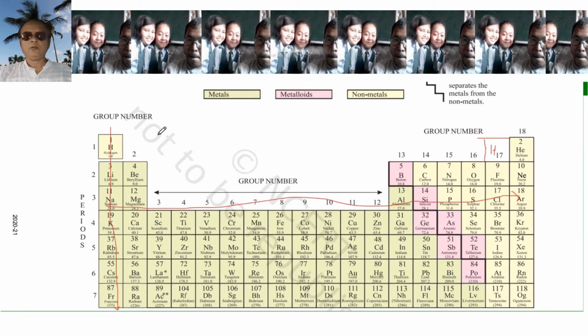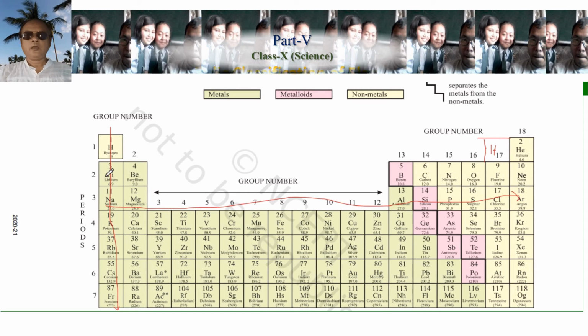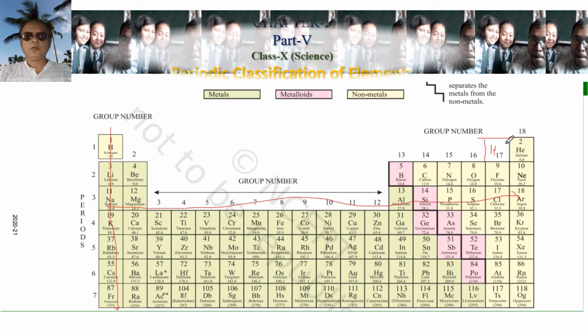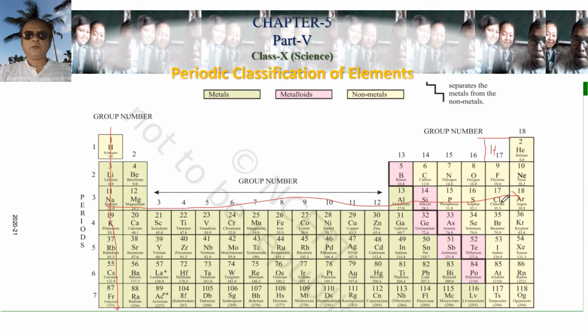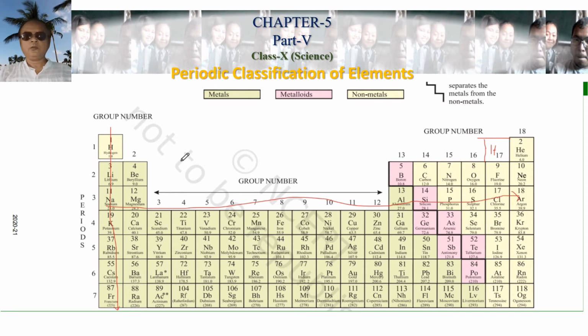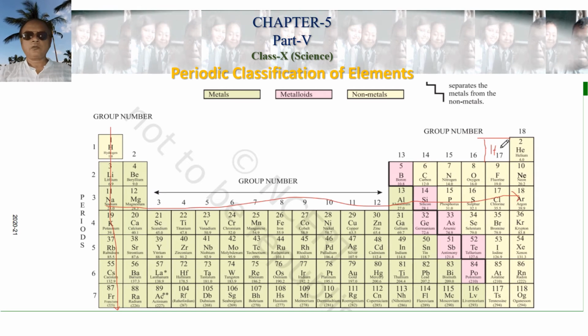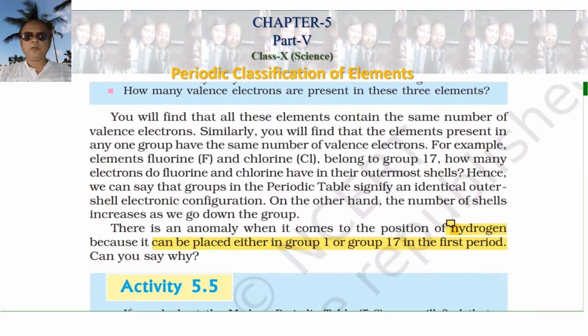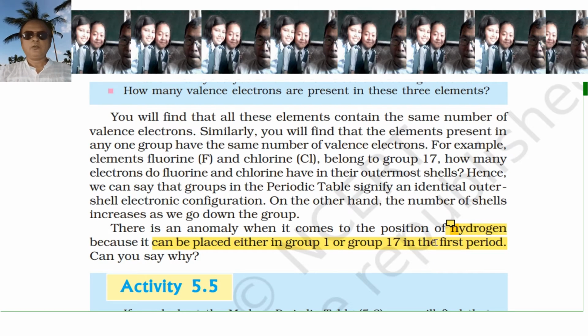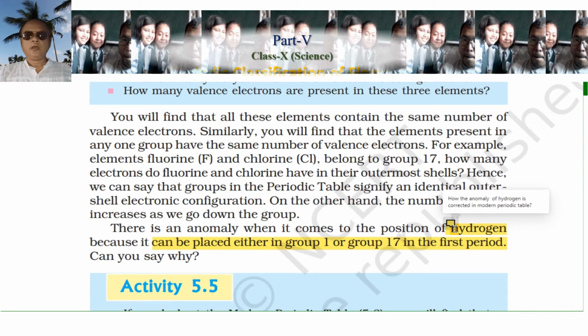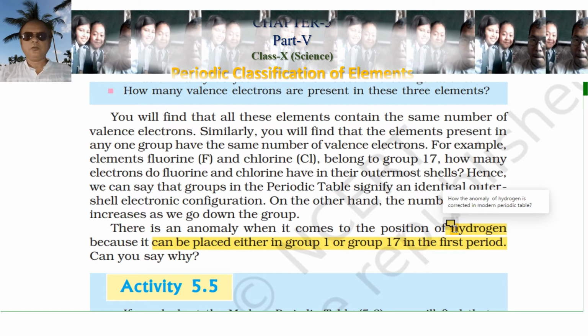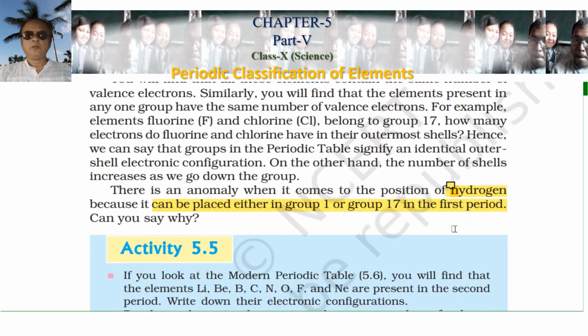Hydrogen can either lose an electron like lithium, sodium and potassium, or it can take an electron like fluorine and chlorine. So we can place hydrogen in either of these 2 groups. This is the anomaly of the position of hydrogen in Mendeleev's periodic table, which was solved in the modern periodic table.